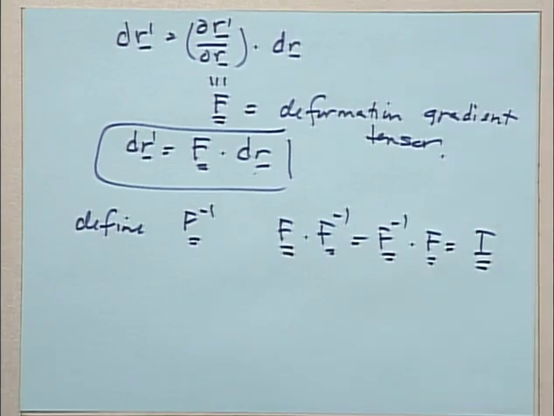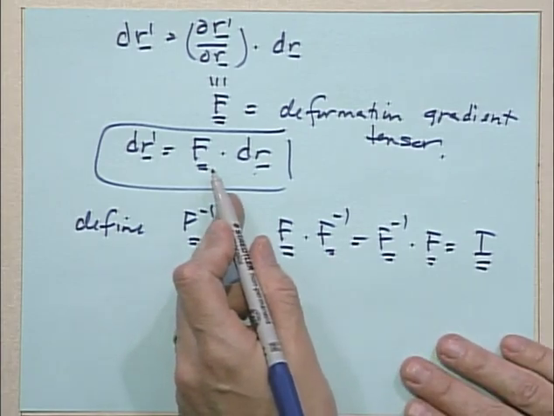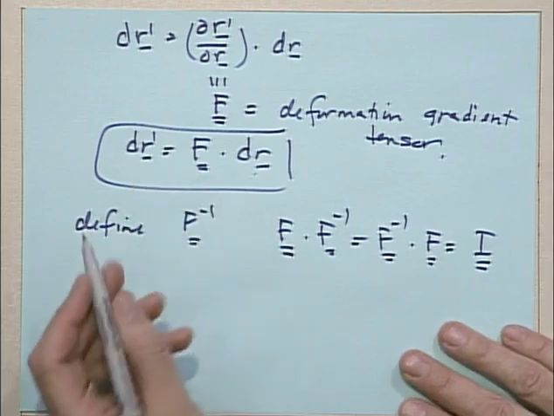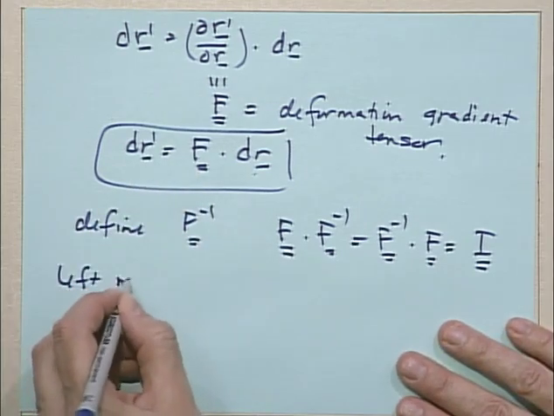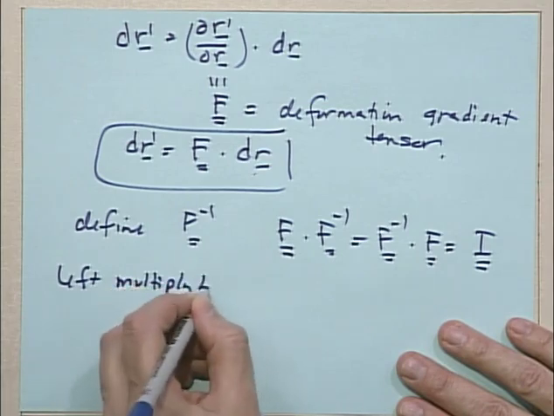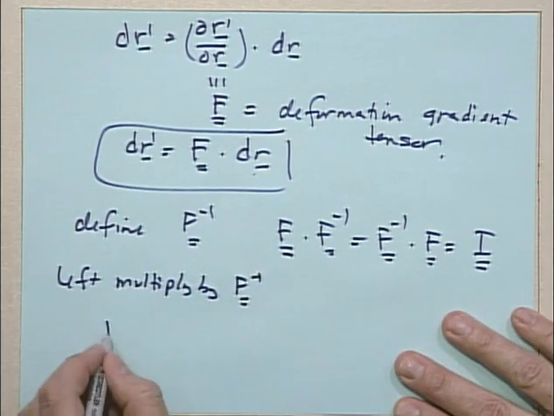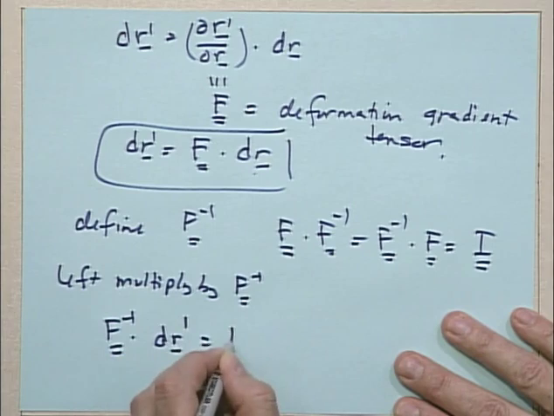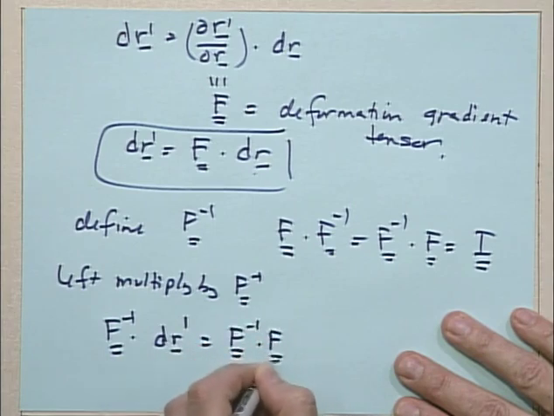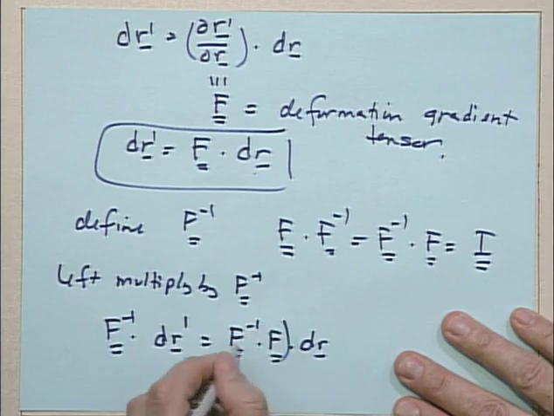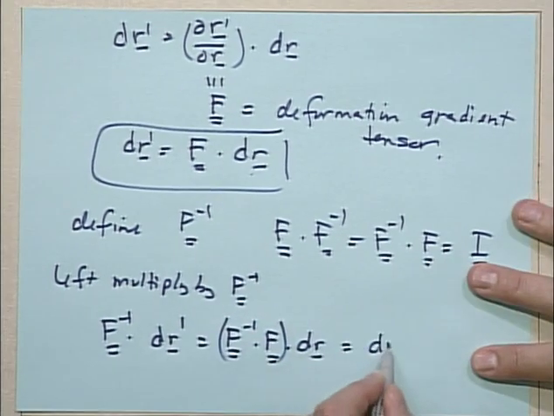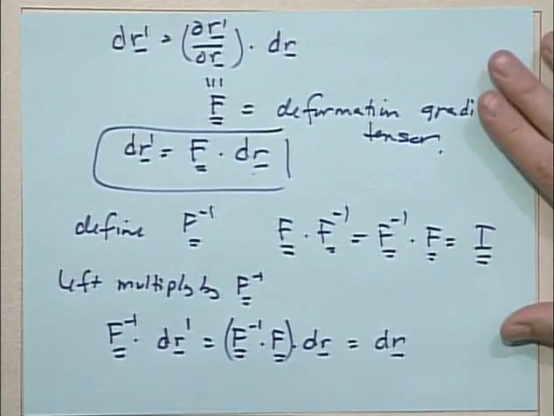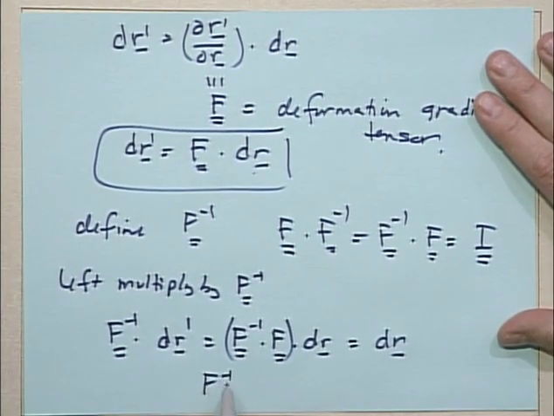We can use that to calculate the inverse here. Let's say I left multiply everything by f inverse. Then I get f inverse dot dr prime equals f inverse dot f dot dr, but this is just the identity tensor, and so I get dr. So f inverse dot dr prime is equal to dr.